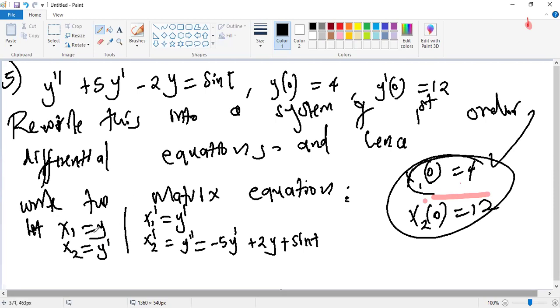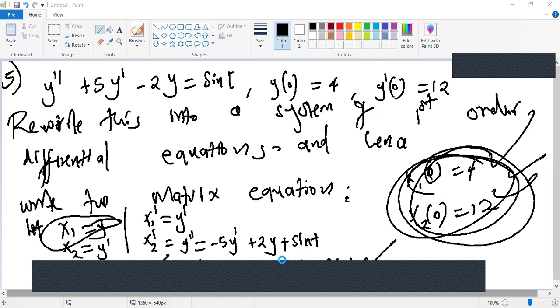Now, having this, we can write x1 prime is equal to y prime, which is equal to x2. This is our first equation. And then the second one is x2 prime is equal to minus 5 times y prime, which is x2, plus 2 times y, which is x1, plus sine t. This is our second. And these are our conditions.